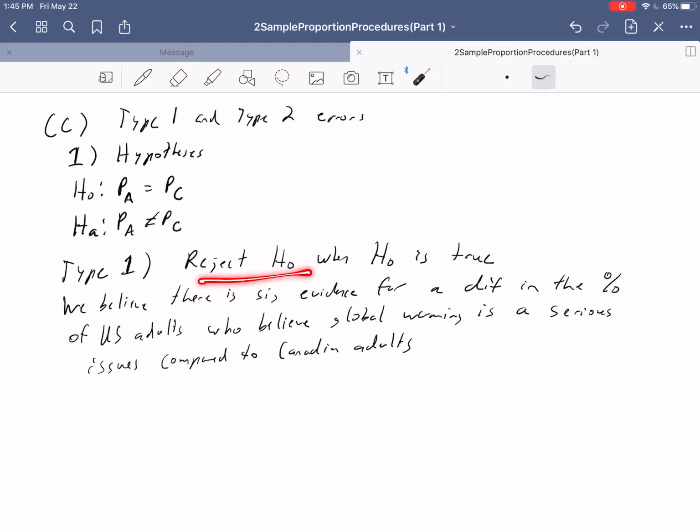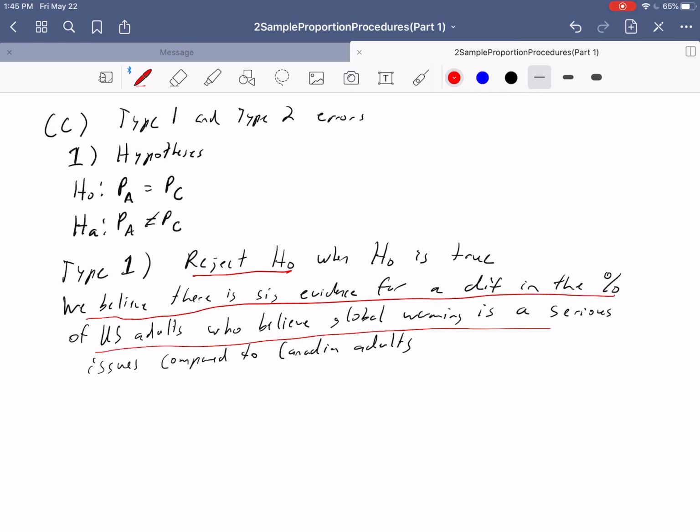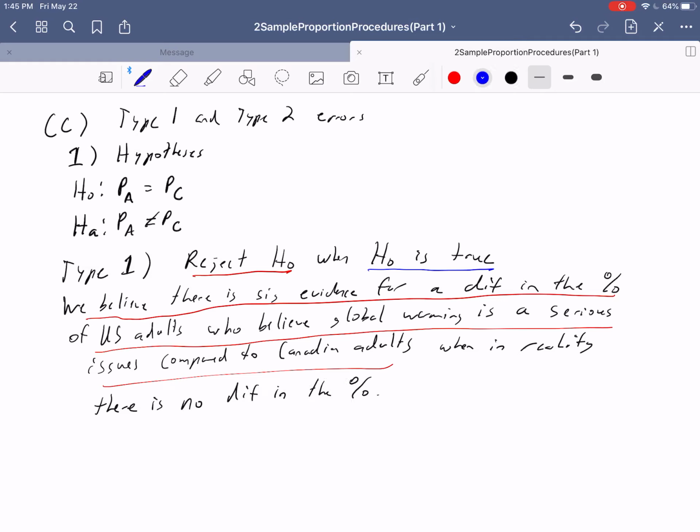So that would be the rejecting H0 part. Now we need to say when H0 is true. Well, H0 being true means that the percentages are equal, so that means there is no difference. When in reality, there is no difference in the percentage.